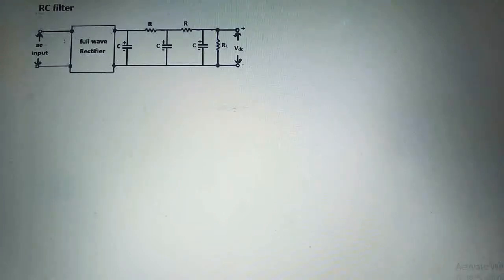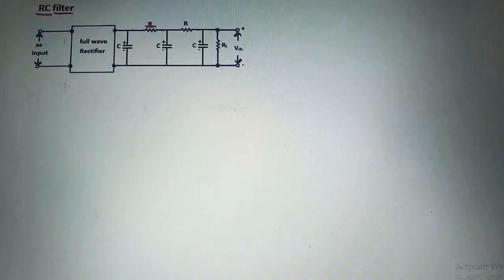Next is the RC filter. As we have already seen, in the LC filter there is a series inductor, and that series inductor is replaced by this series resistor. So this filter becomes the RC filter.